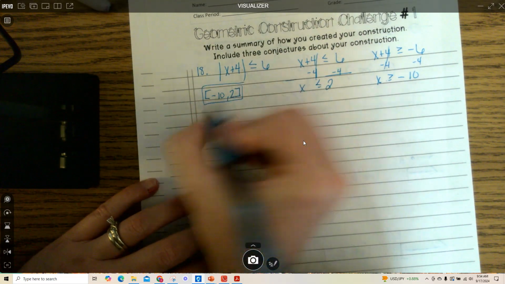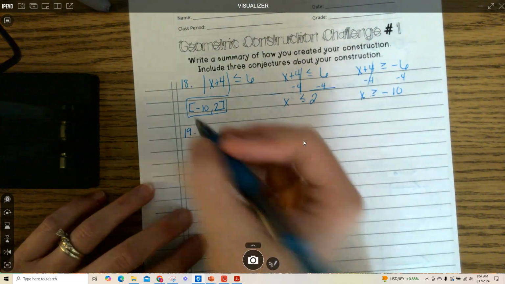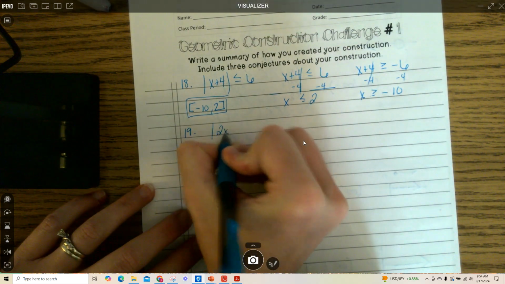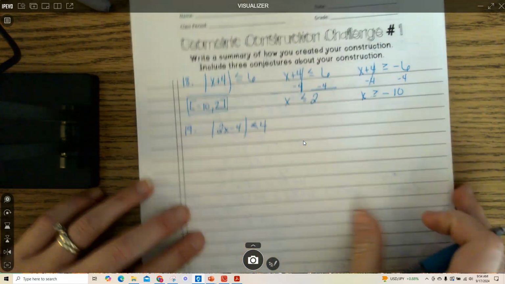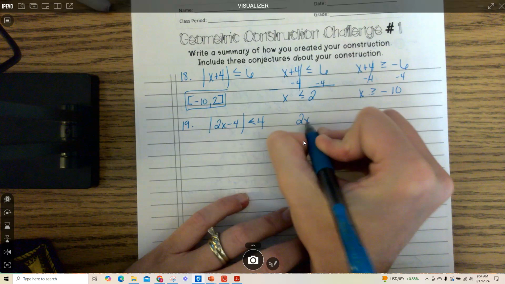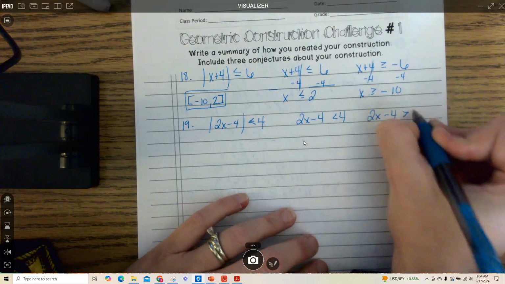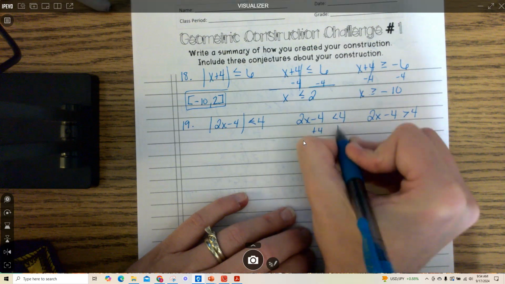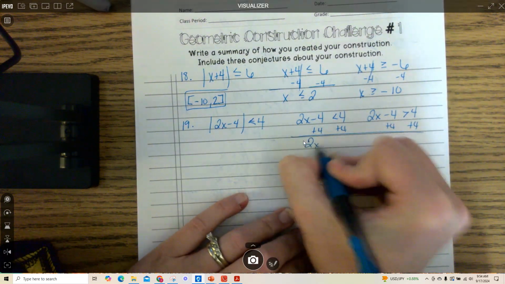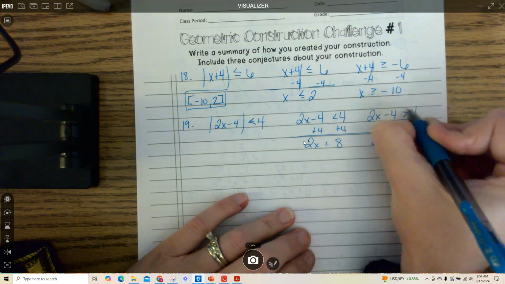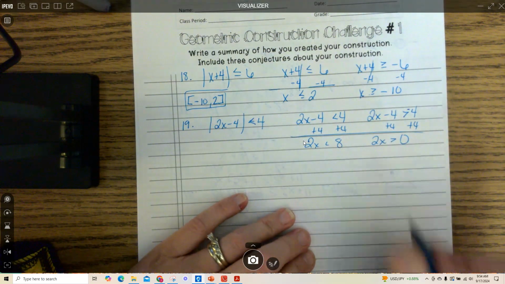Okay. Absolute value of 2x minus 4 is less than 4. So 2x minus 4 is less than 4, and 2x minus 4 is greater than -4. So add 4. 2x and 8. That should be a -4, so that would be a 0.